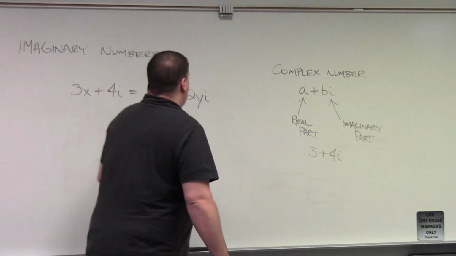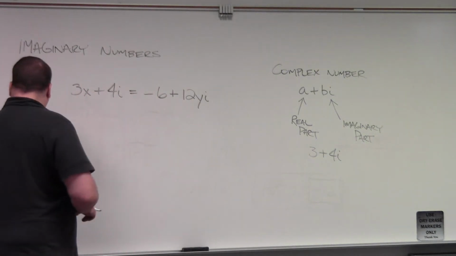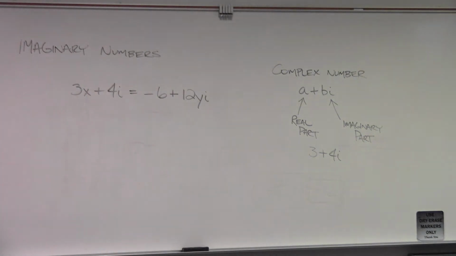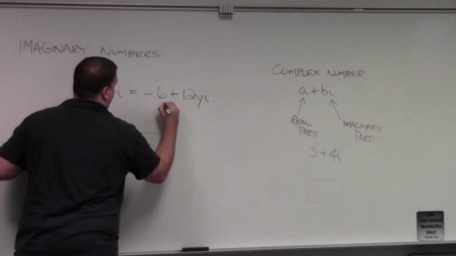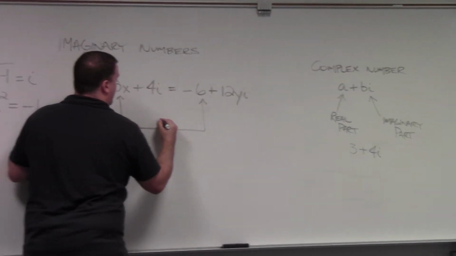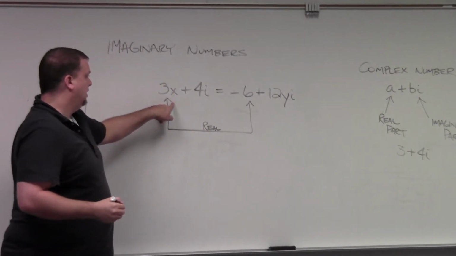Okay? The only way two complex numbers can be equal to one another is if the real parts are equal. Okay, that's the real part. Everybody agree with that?